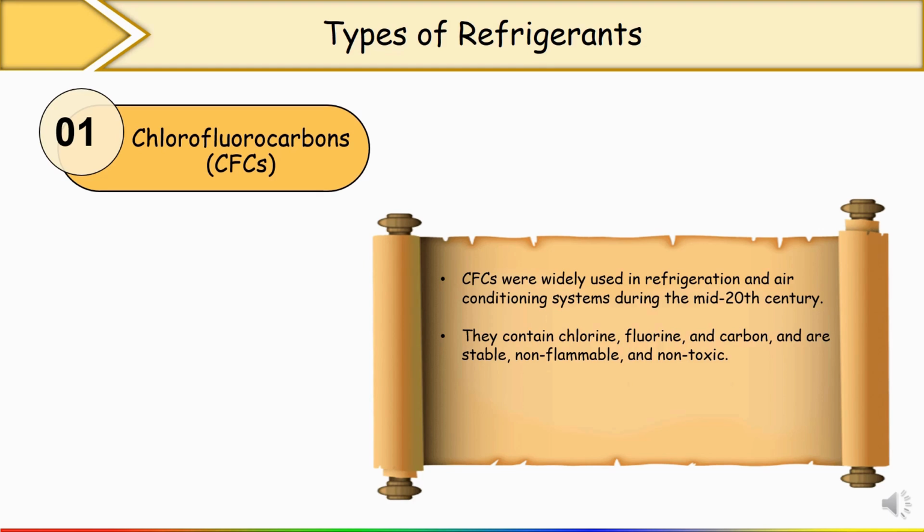Now if we discuss the environmental impact of chlorofluorocarbon, remember this CFC has a significant role in the depletion of the ozone layer, which protects the earth from harmful ultraviolet radiation. Chlorofluorocarbon also has a high global warming potential, contributing to global warming.